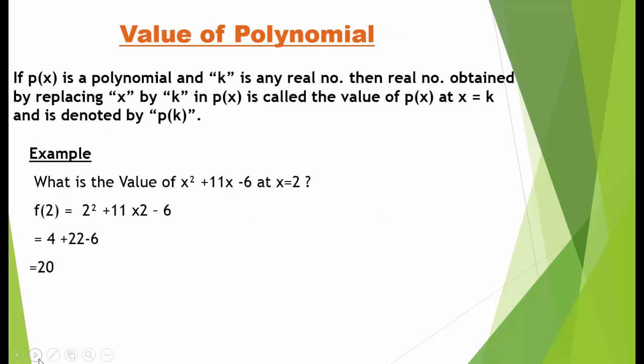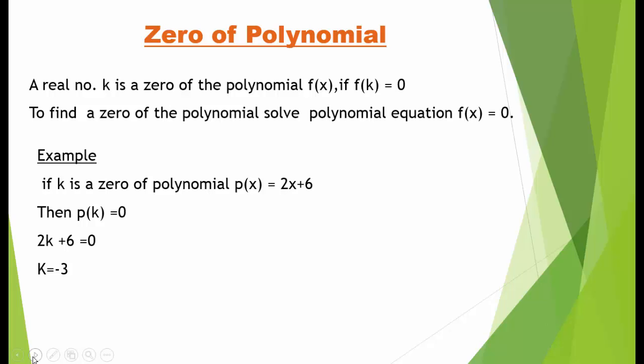Then we discussed value, meaning if we replace any variable x with any real number, then the value which we get is known as the value of the polynomial. And zero of a polynomial means that real number on which our polynomial gives value 0.